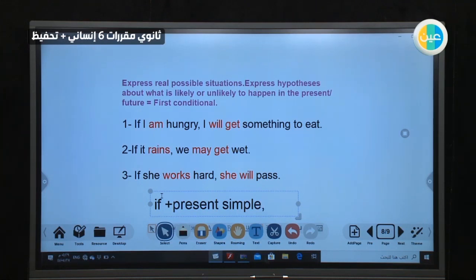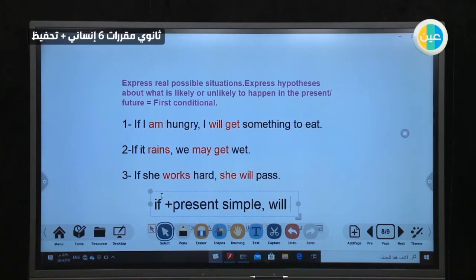If I am hungry, I will get something to eat. Will get. So what do we have here? Yes, the modal verb will. Then the verb for sure should be infinitive. After the modal verbs, the verbs are infinitive. So if I am hungry, I will get something to eat.